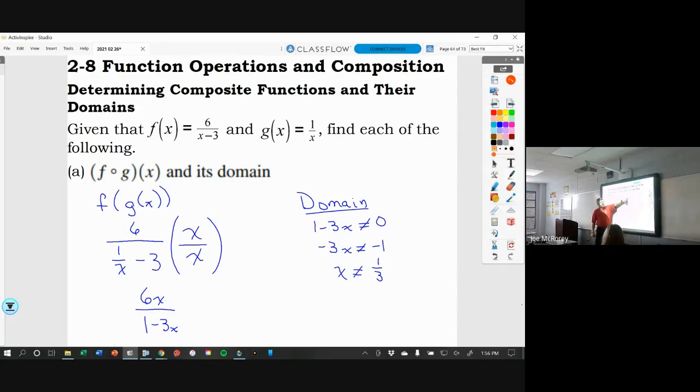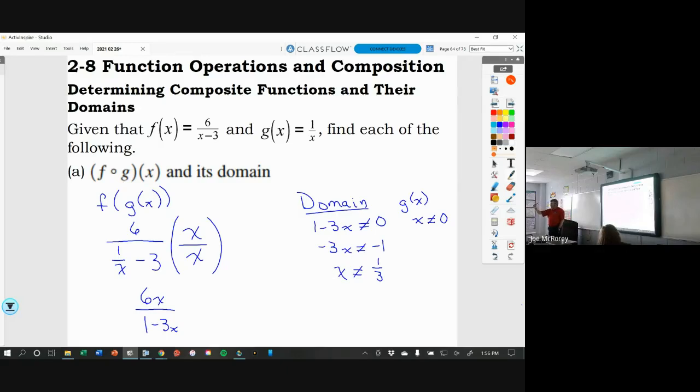X can't be 0 because if x was 0, then g of x would be undefined, 1 over 0. So g of x, x cannot be 0. X can be any other number.